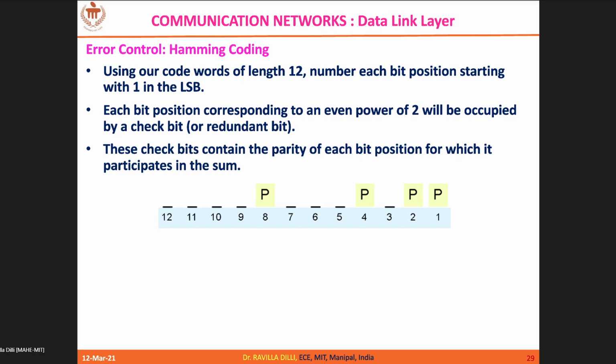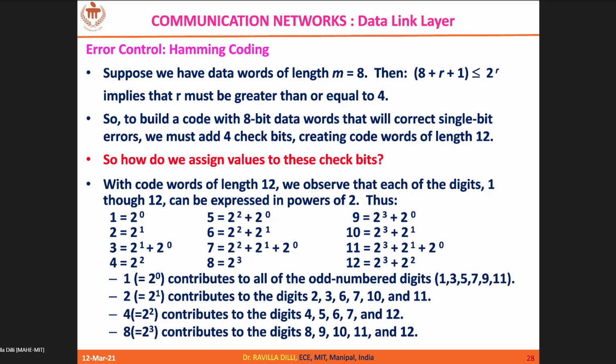So now let you derive the P bits. I want to derive the P bit, which refers to the parity bit of position 1. Let me call it P0 or R0, either way, both are the same. How to derive this? You come back here. R0 is the position values corresponding to 2 power 0.